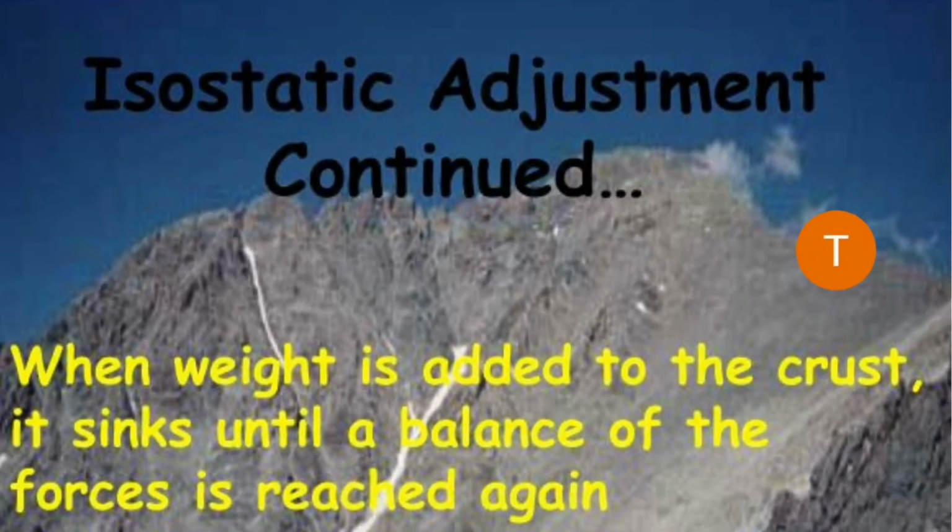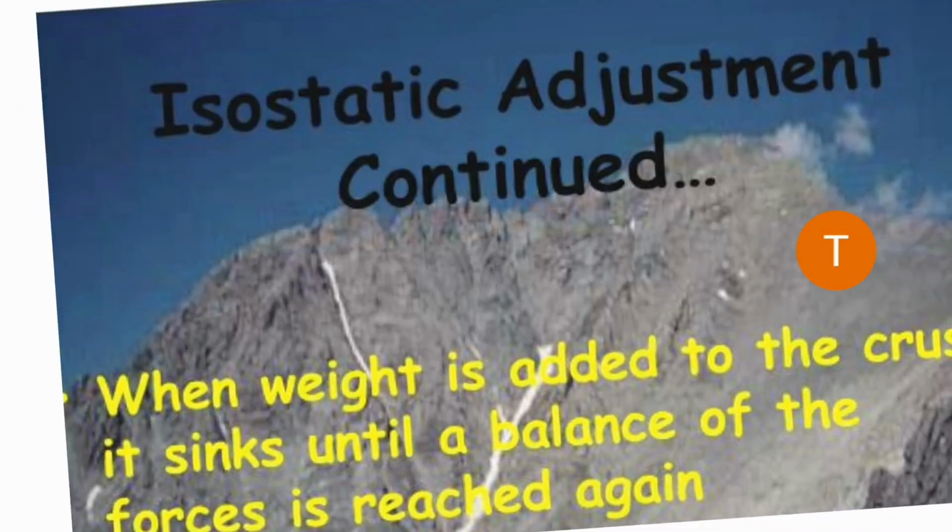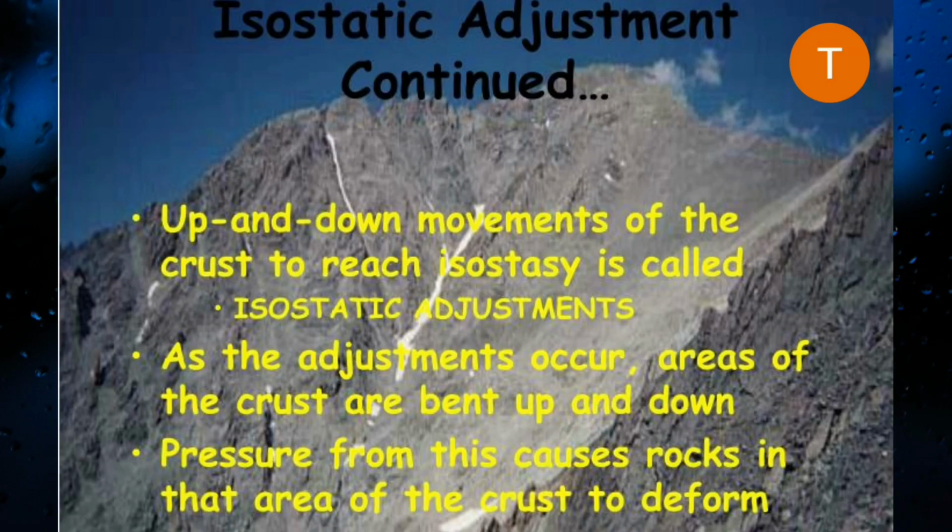When weight is added to the crust, it sinks until a balance of the forces is reached again. Up and down movements of the crust to reach isostasy are called isostatic adjustments. As the adjustments occur, areas of the crust are bent up and down. Pressure from this causes rocks in that area of the crust to deform.